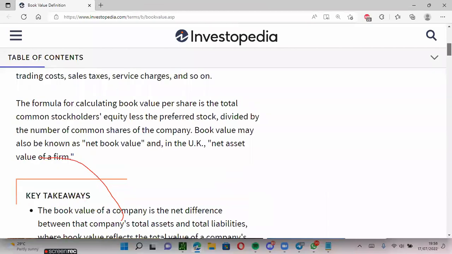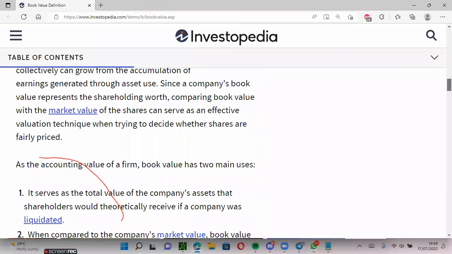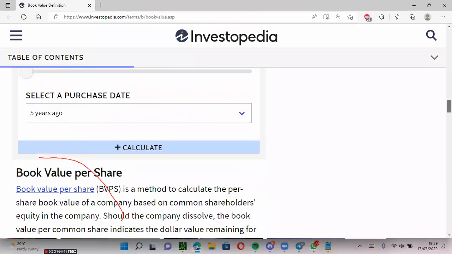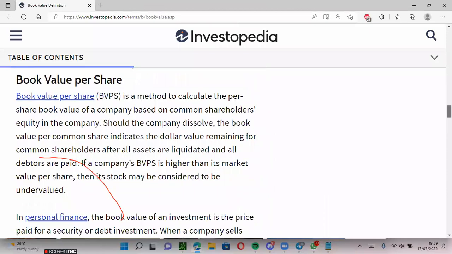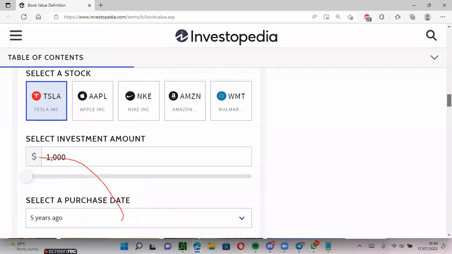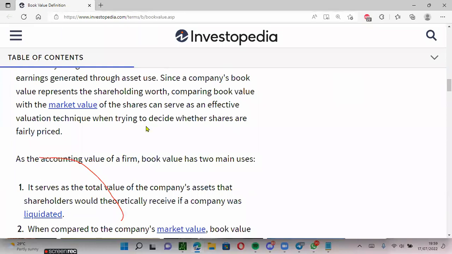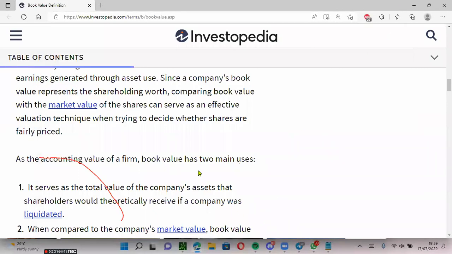Let's see if we can find the book value. It doesn't give it anywhere here. Book value is based on the assets and liabilities, from which they calculate the value of the stock.